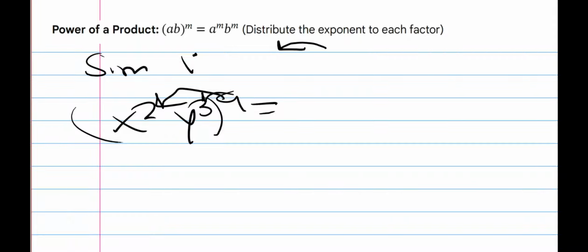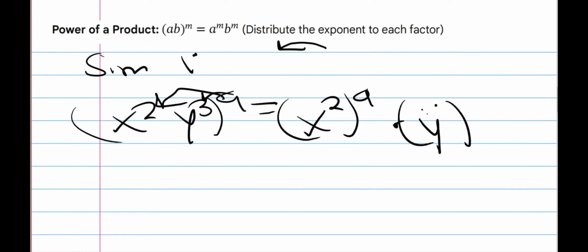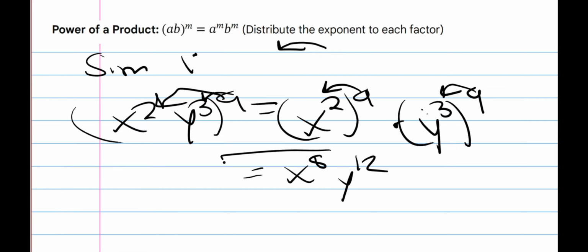You just multiply 4 to each term, actually, to each variable in this scenario. So that would give us x squared times exponent 4, and another one would be y cubed and 4. If you multiply both of these, that would give us x to the power of 8 and y to the power of 12. Simple as that, that's your final answer.